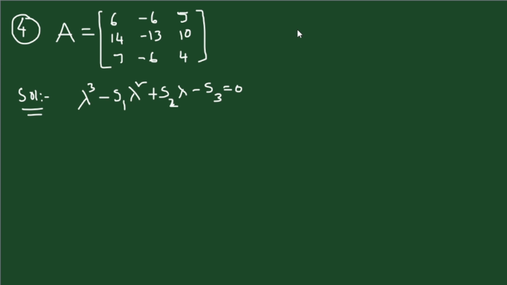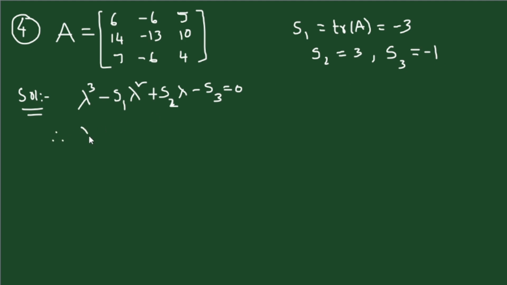We have just explained in the previous problems how to find the characteristic equation, right? S1 is the trace of the given matrix A, it is minus 3 here. S2 you will get 3, and S3 you will get minus 1.